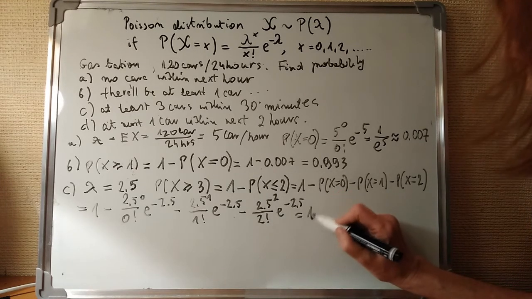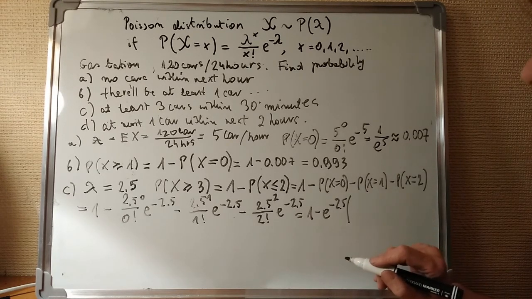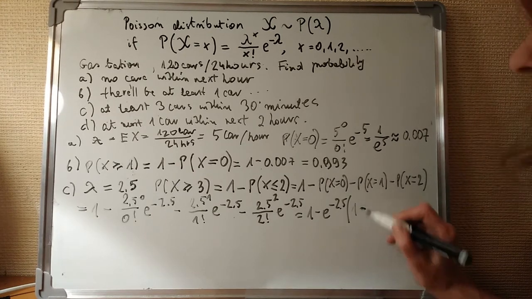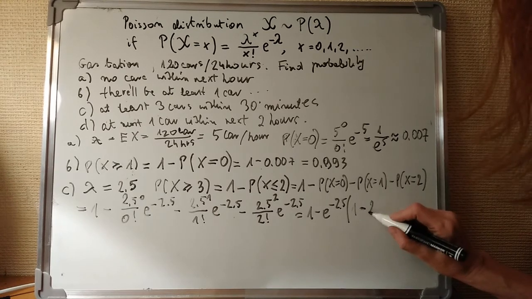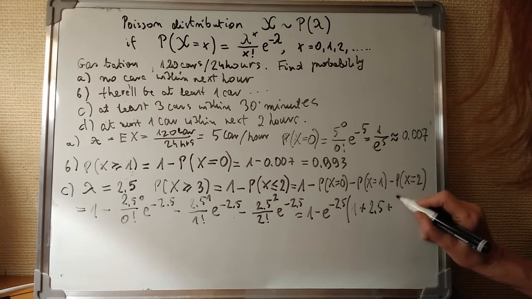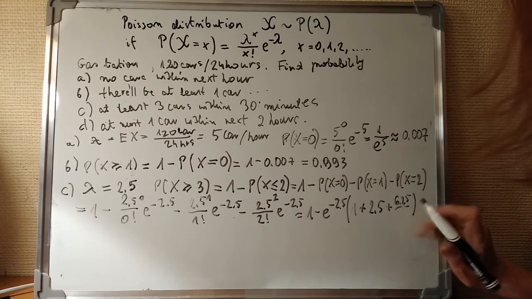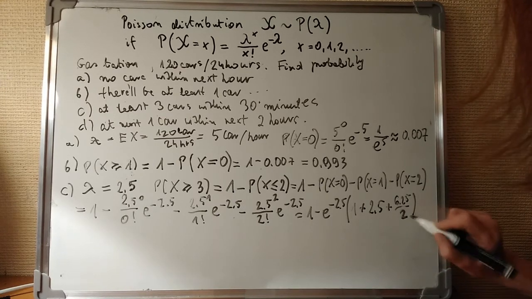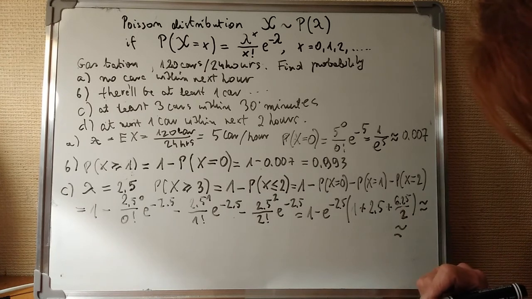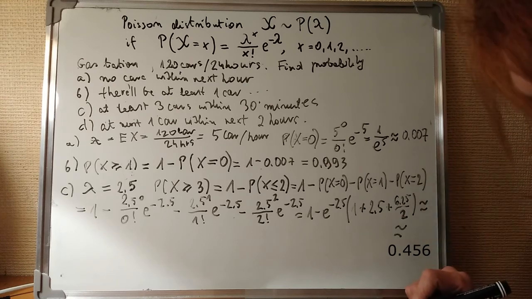So this is 1 minus e to minus 2.5 times the bracket 1 plus 2.5 plus 6.25 divided by 2. And this is about, these are calculations and calculations. What do we get in this case?